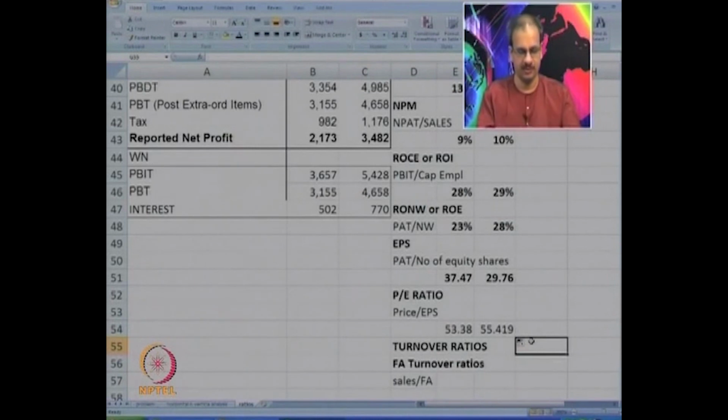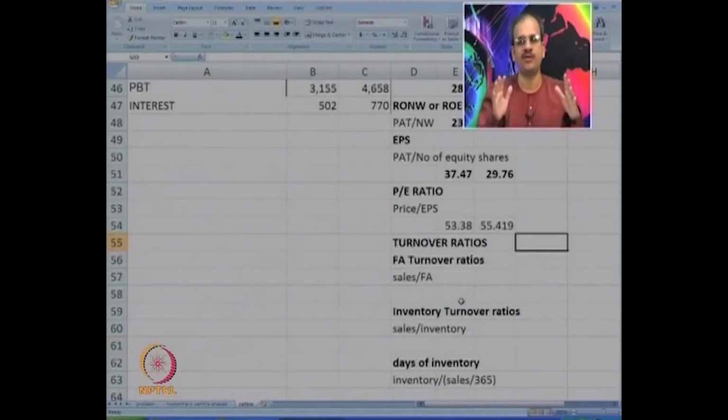Okay. We have done three types of ratios. Initially we started with liquidity, then we looked at long term solvency, that is debt equity or leverage, then we looked at profitability versus turnover like EBITDA or net profit margin.